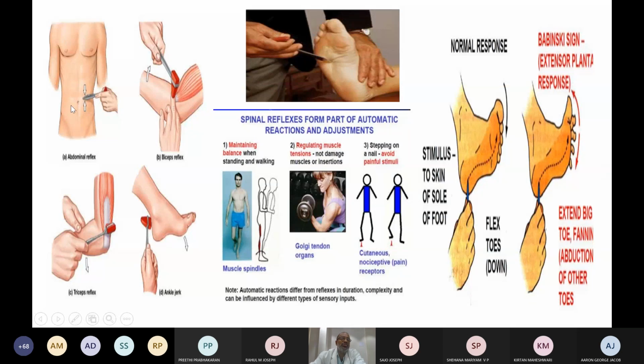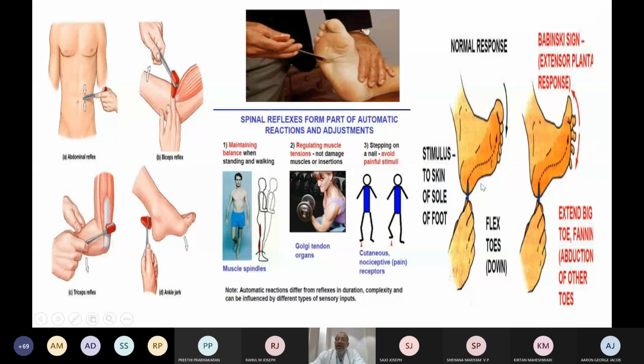You are going to apply the stroke in various regions, above the umbilicus, at the level of the umbilicus, and below the level of the umbilicus. We apply the stroke and see the response, how the linea alba gets deviated towards the side of application of the stroke. So this is an important reflex which gives an impression about the integrity of the corticospinal tract.